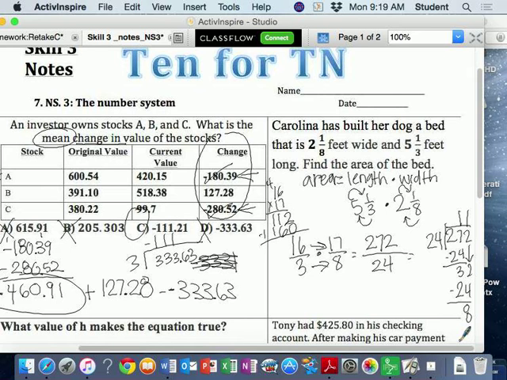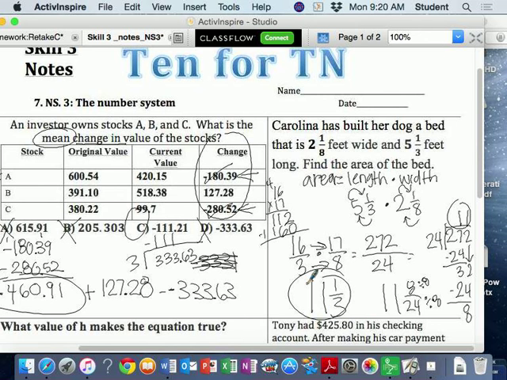But what do we do with it now? Put it over 24. That's going to be my numerator. So this is my whole number: 11 and 8/24. Now, is that the best answer? No, I can simplify. 8 is a factor of both the top number and the bottom. So it's going to be 1/3. 11 and 1/3.